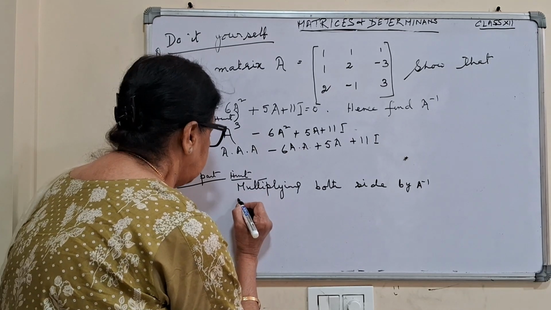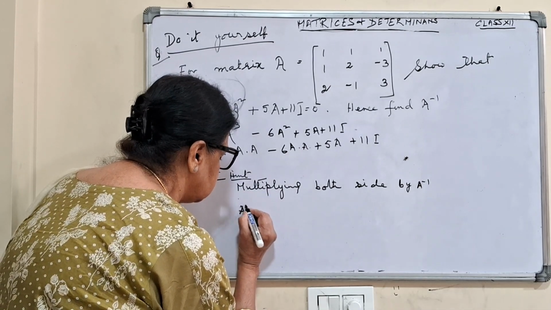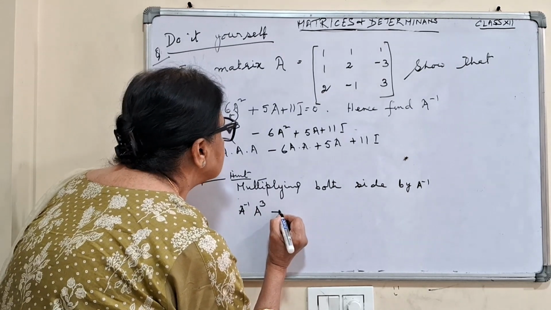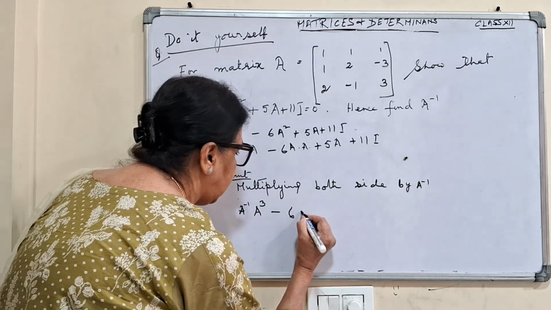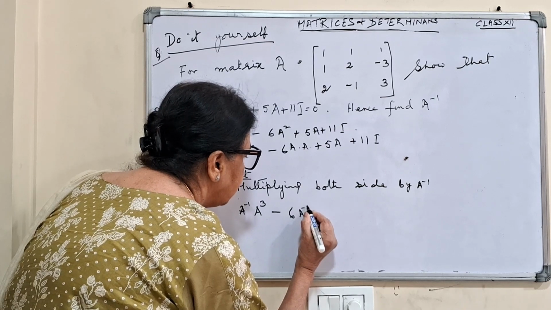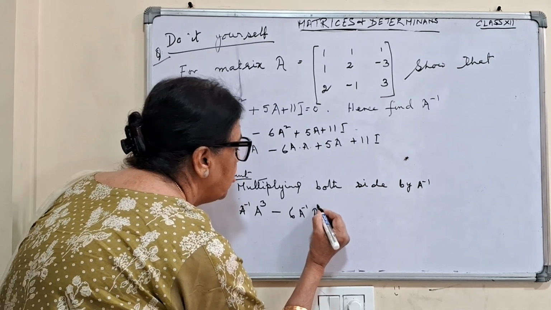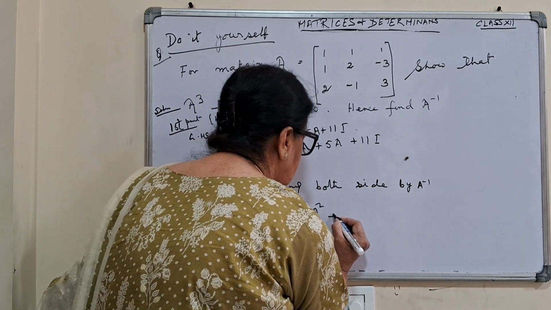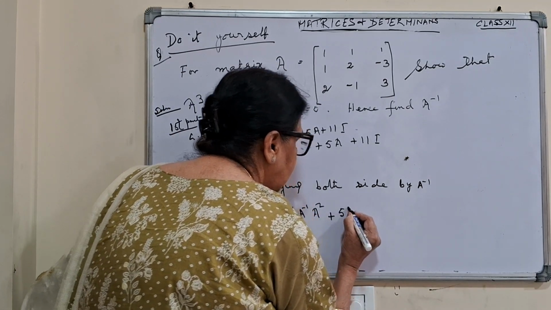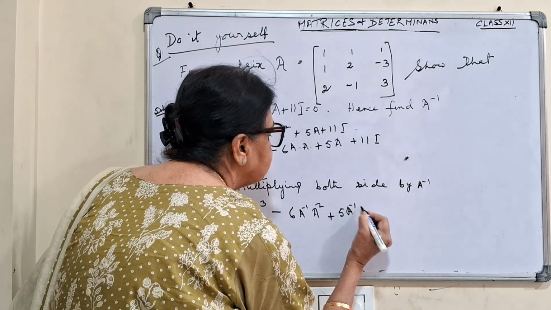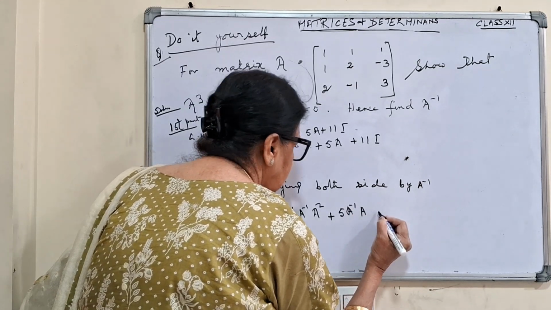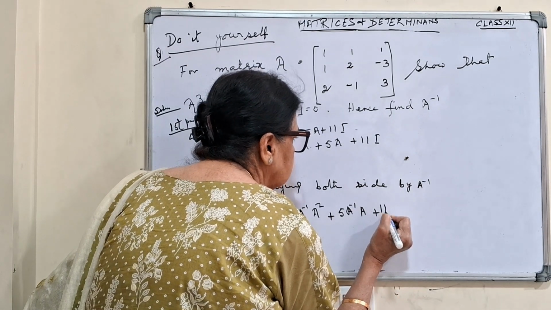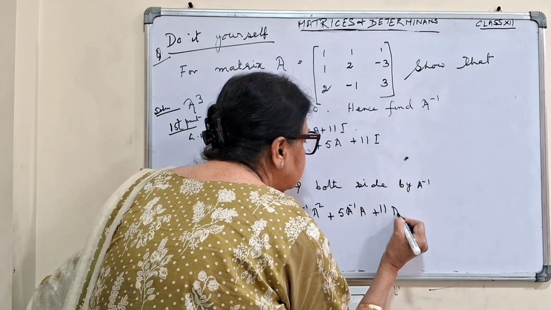Multiply both sides, then it is A inverse A cube minus 6 A inverse A square plus 5 A inverse A plus 11 A inverse I is equal to 0.